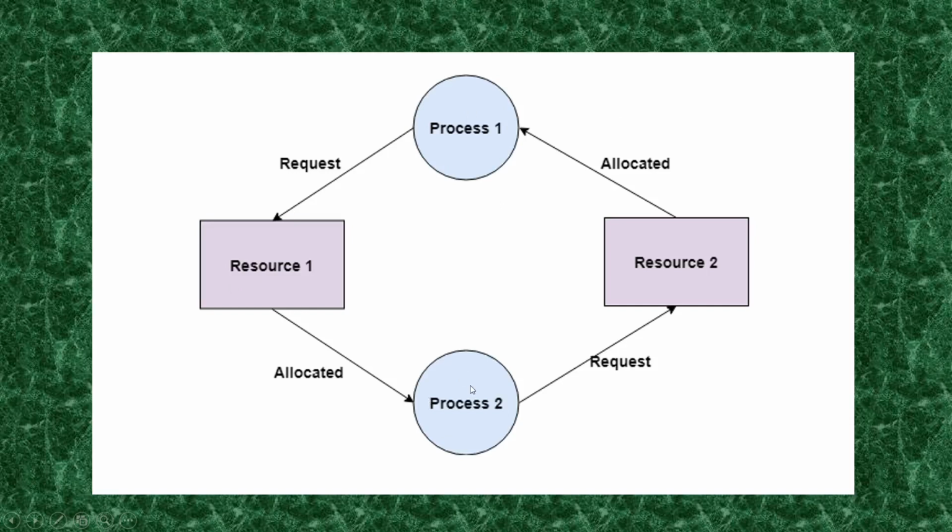Only then will it get the chance to get resource 1. In the same way, resource 2 is allocated to process 1. Only after process 1 successfully finishes with resource 2 will process 2 get the chance to take resource 2. This also causes a deadlock situation, and these four conditions lead to deadlock.